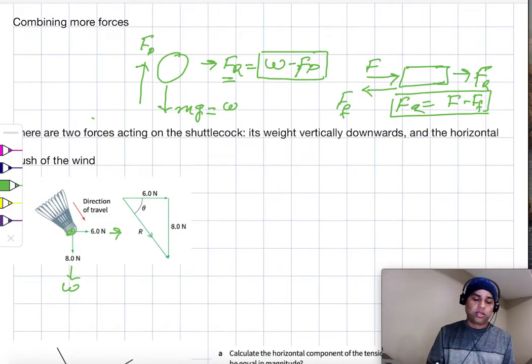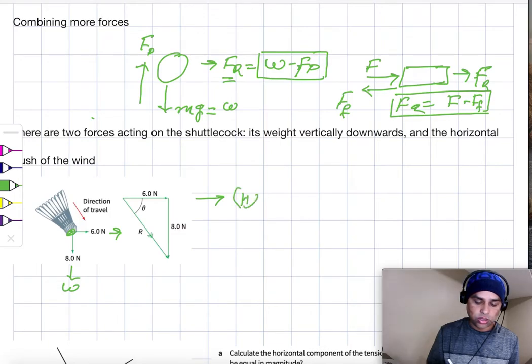So we can draw the vector diagram. This is the horizontal direction and another one is the vertical direction, and this gives the resultant force.